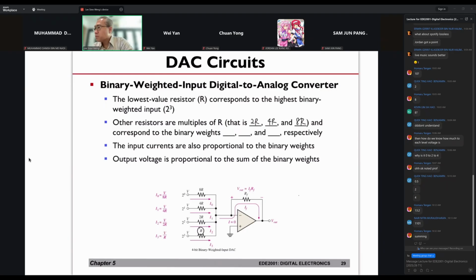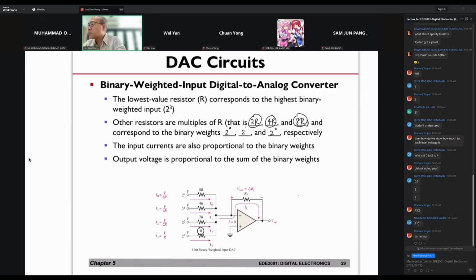Now, 2R will correspond to a binary of 2 to the power of 2. Don't forget, the resistor that is over here is in the denominator for the summing amplifier. So this one corresponds to 2 to the power 1, and this corresponds to 2 to the power 0, and so on and so forth.